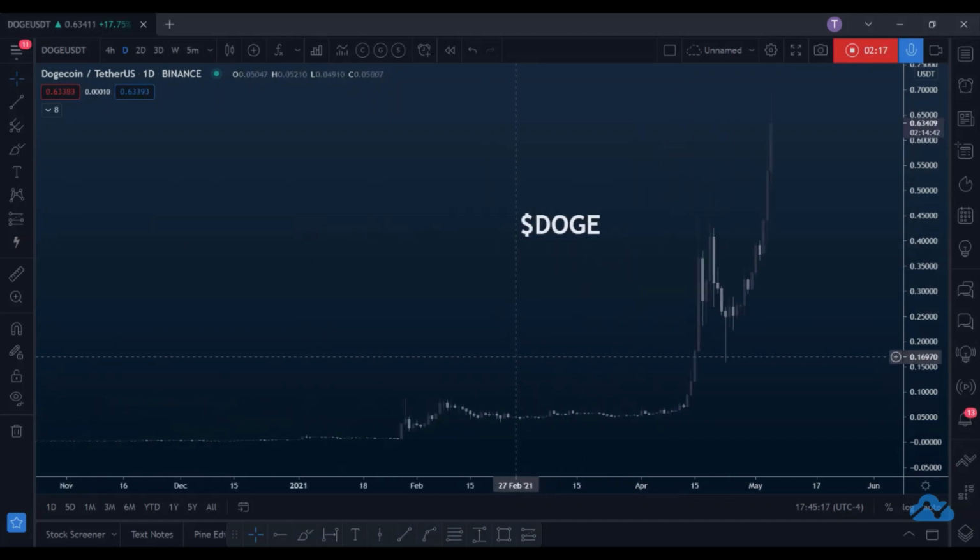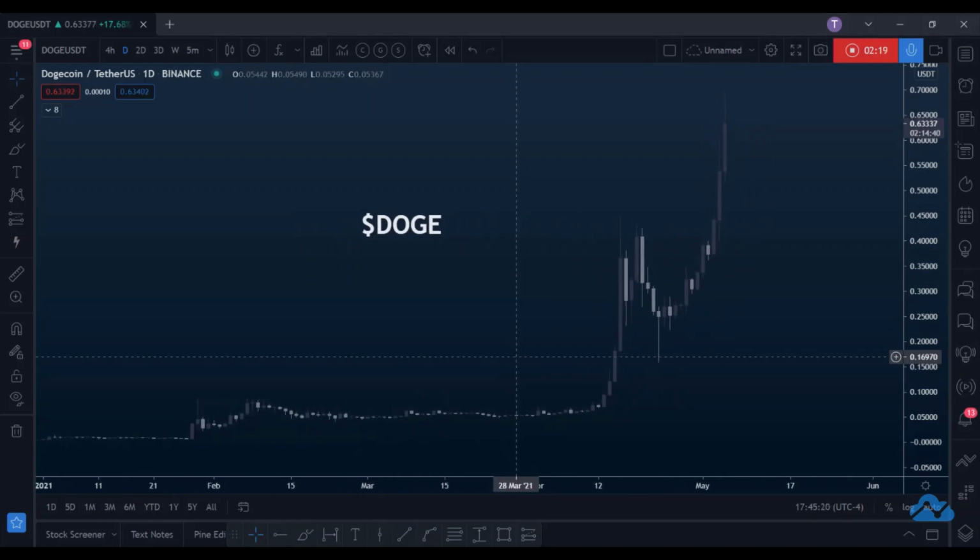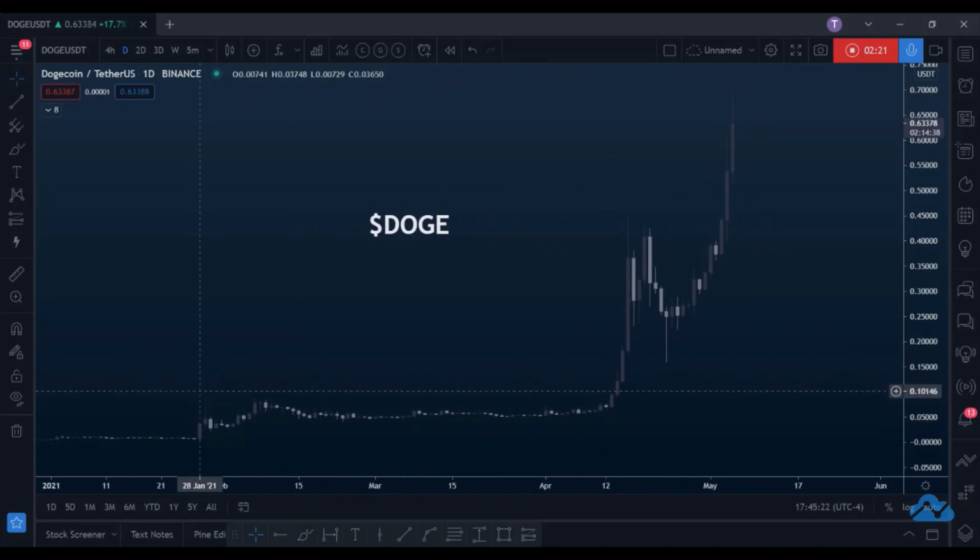Pretty much that simple. Okay, now rewind a little bit to like January 26th, January 27th. Doge is trading at 7 or 8 tenths of a cent. And now we're at about 63 cents. So just off the top of my head, that's about 80x, depending on where you bought.